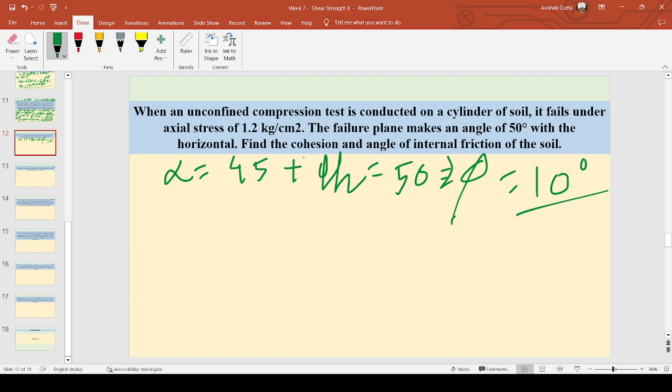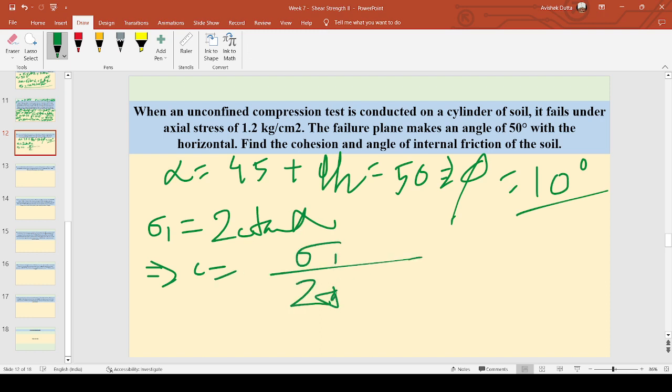Again, unconfined compression test. So sigma 3 is 0, so sigma 1 is only equal to 2c tan alpha. From here, c equals sigma 1 divided by 2 tan alpha. Sigma 1 is 1.2, alpha is 50 degree.